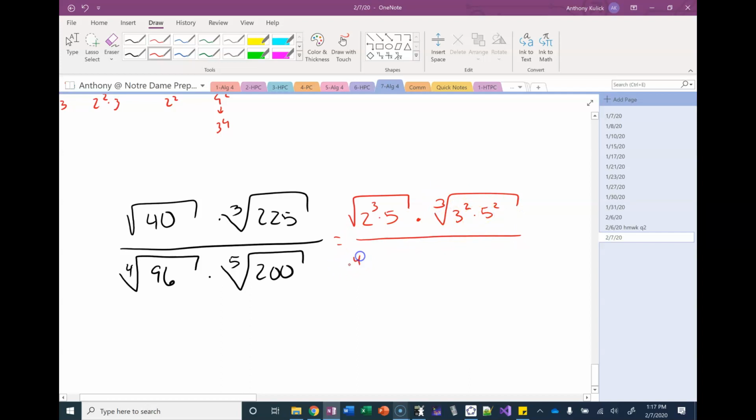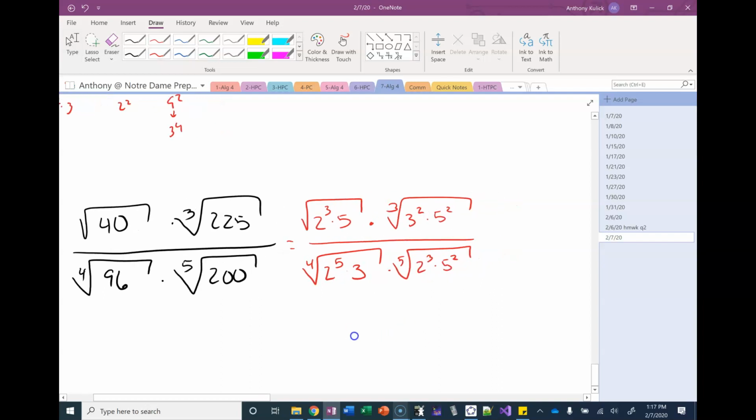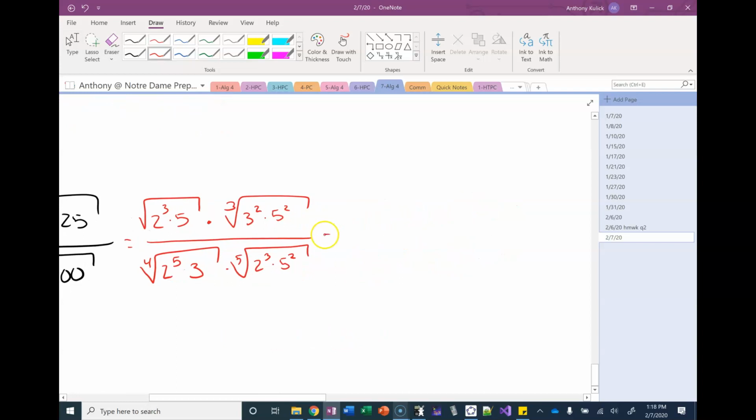We have 2 to the 5th times 3. And then we have 2 to the 3rd times 5 squared. All right. Let's rewrite these all in exponential form now.